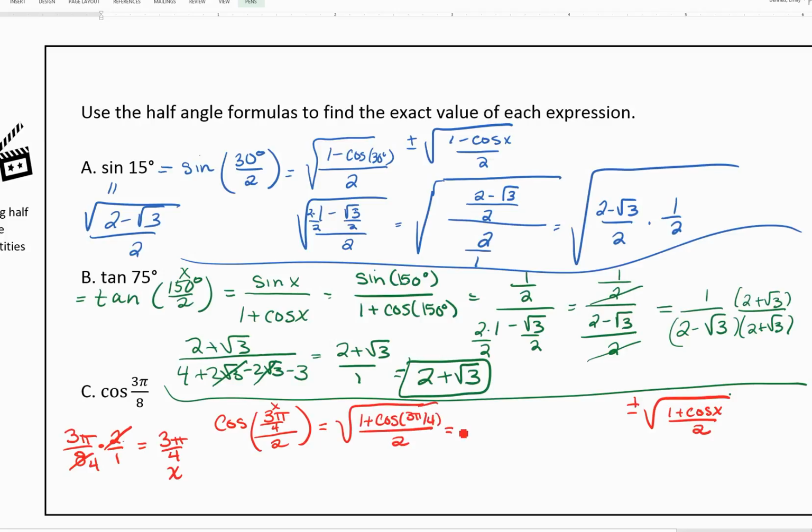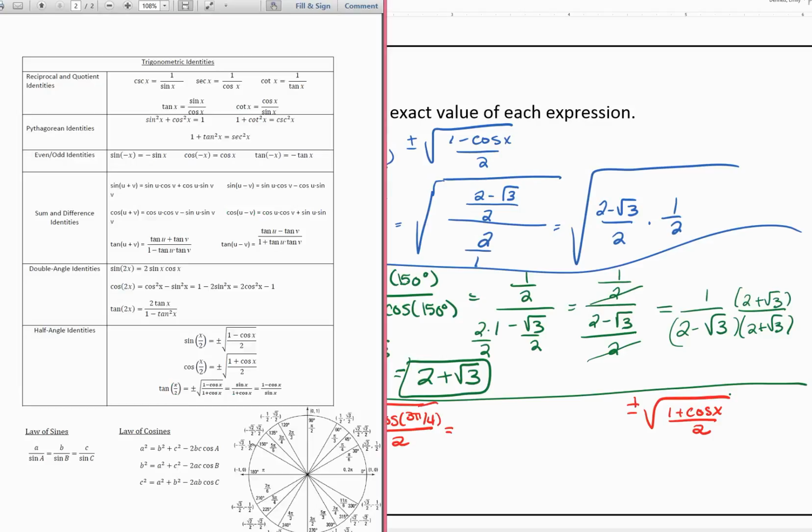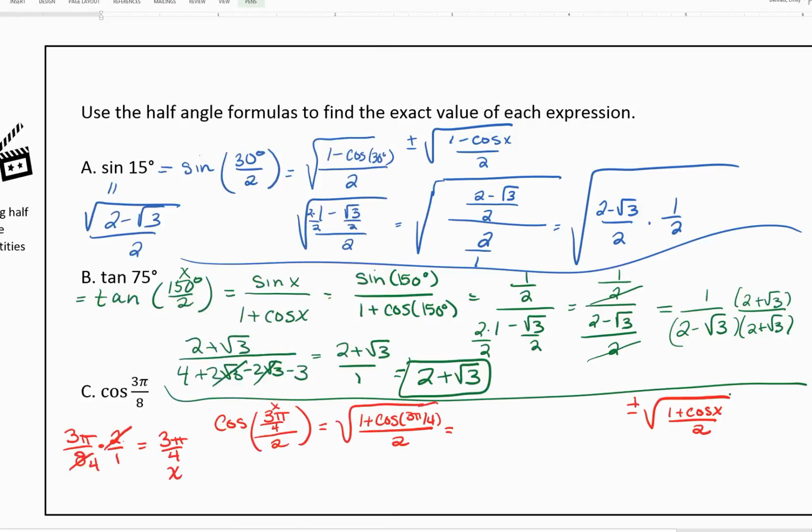Now, cosine of 3 pi over 4: if you use your unit circle and go to 3 pi over 4, the x-coordinate is negative square root of 2 over 2. And now we need to simplify just like we've been doing. We know that 1 will multiply by 2 over 2. So we'll have 2 minus the square root of 2 over our common denominator 2, all over 2.